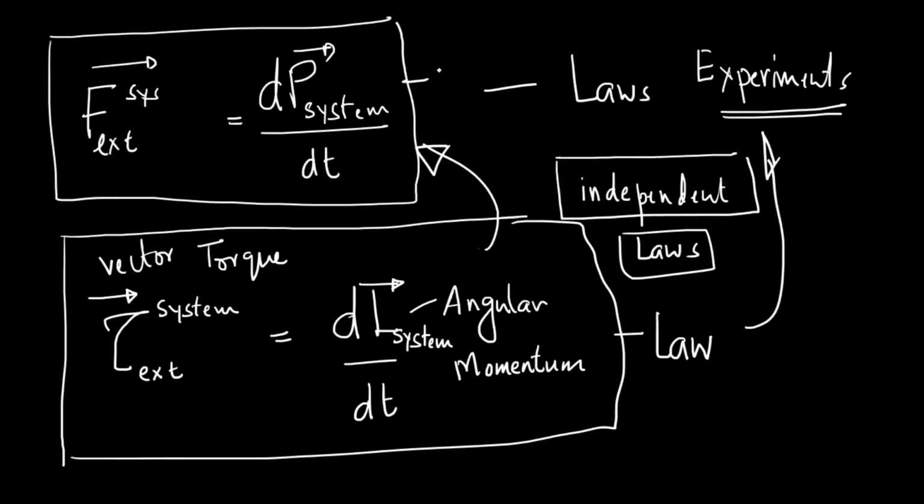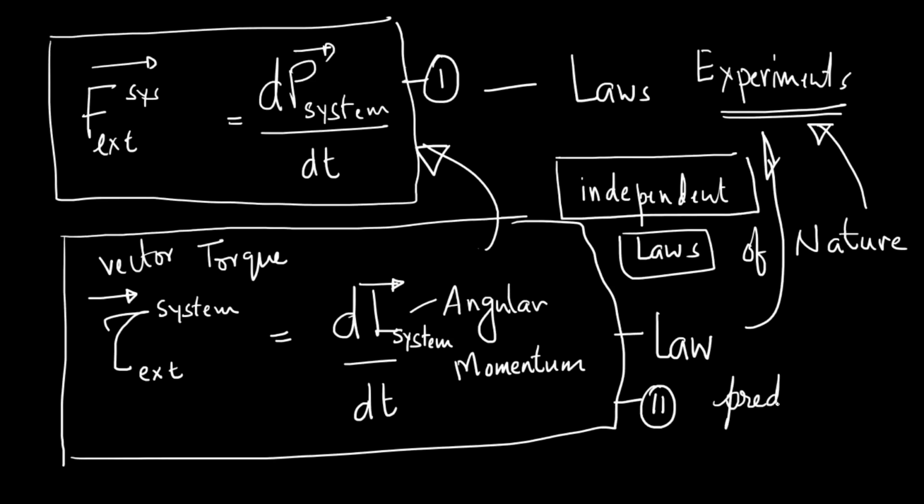So law 1 is not a consequence of law 2, and neither is law 2 a consequence of law 1. These are two independent laws of nature, and they were discovered by experimentalists with their experiments, and together they do give us a lot of predictive power.